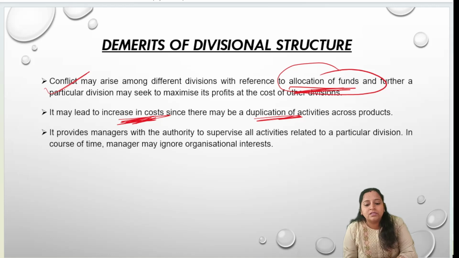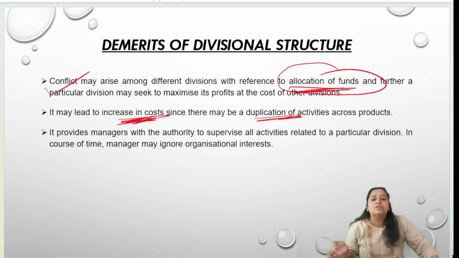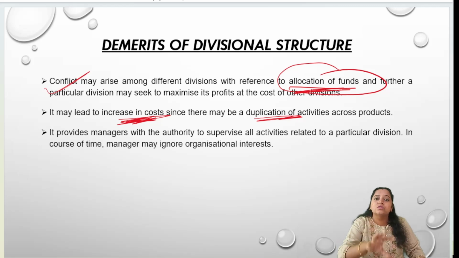It provides managers with the authority to supervise all the activities in the particular division. Here the divisional head has to concentrate on all the functions of his division, right? He is held responsible for the profits, for marketing, for finance, for human resource, for everything.